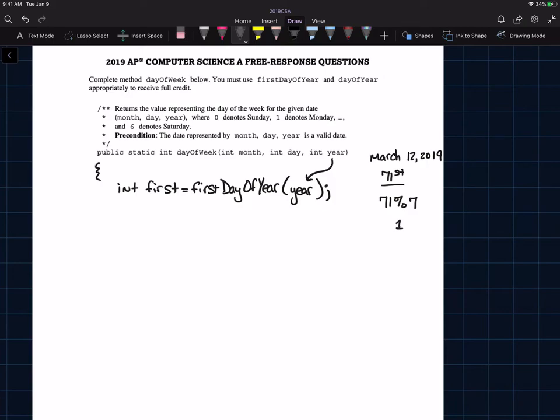Then, what number of day is it in the year? Well, AP has created that for you also. dayOfYear, month, day, year. So that would give you the 71 that I showed you in the example for March 12th.